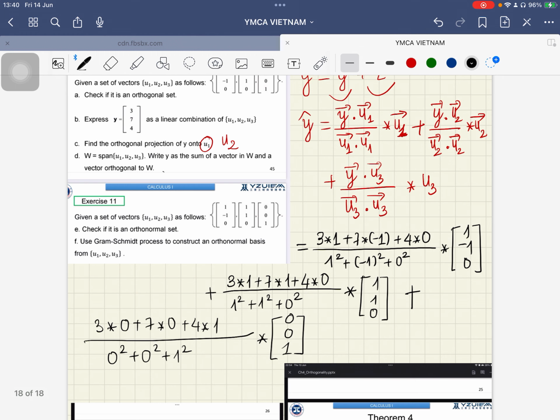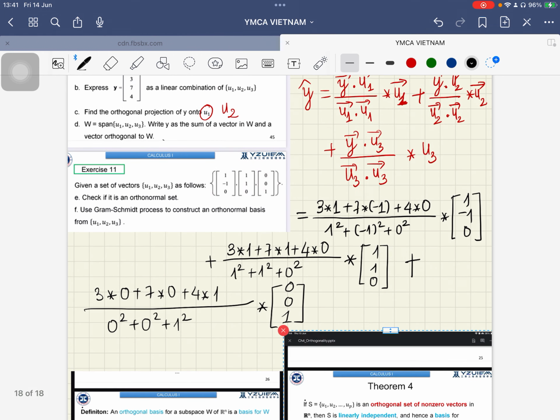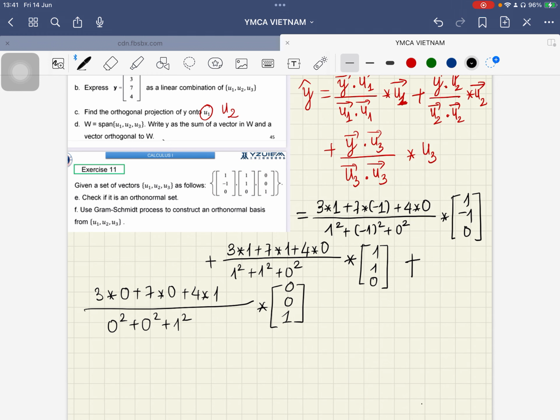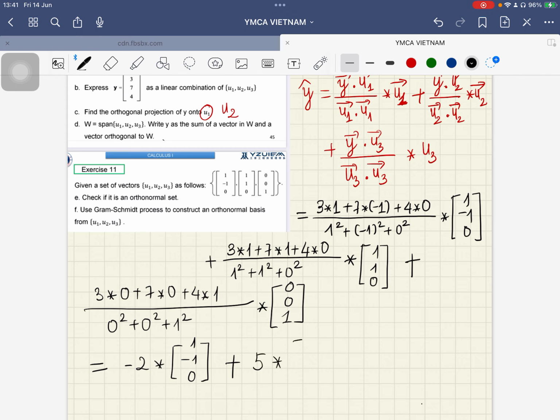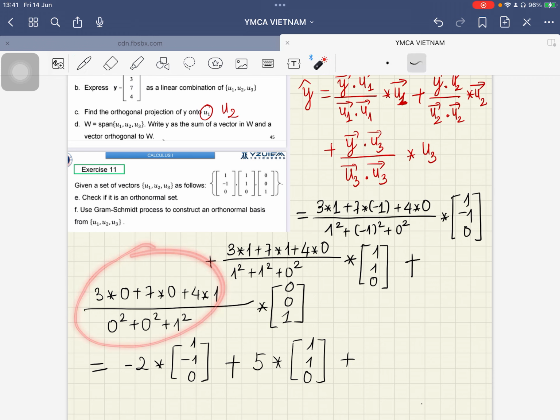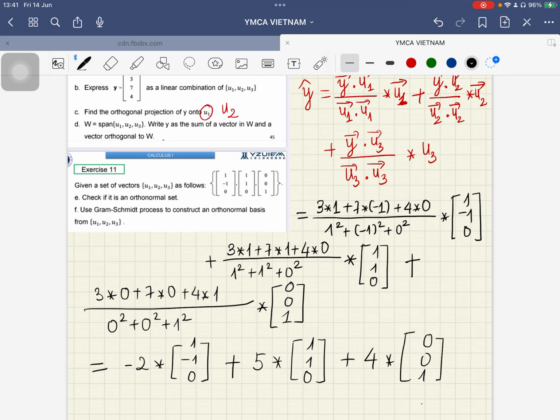So we will have here, this one is equal to -2 multiplied by 1, -1, 0, plus this is equal to 5 multiplied by 1, 1, 0, plus this is equal to 4 multiplied by 0, 0, 1.